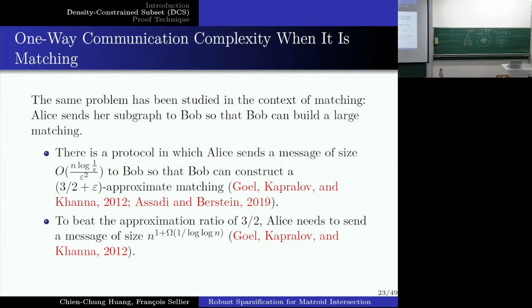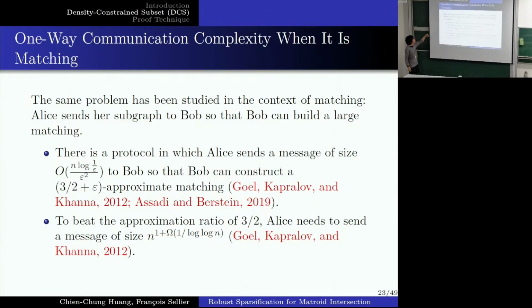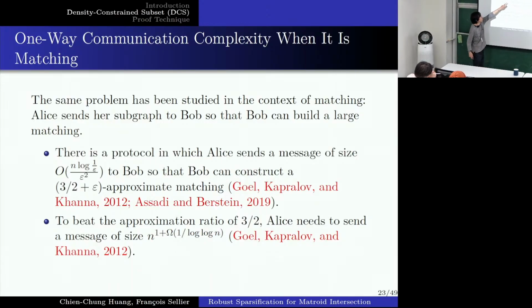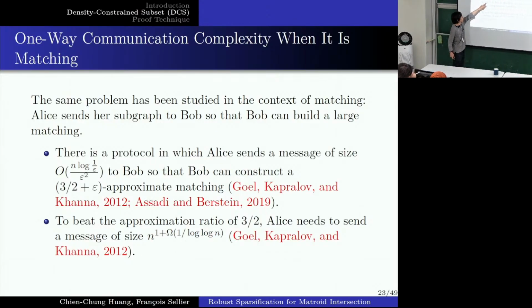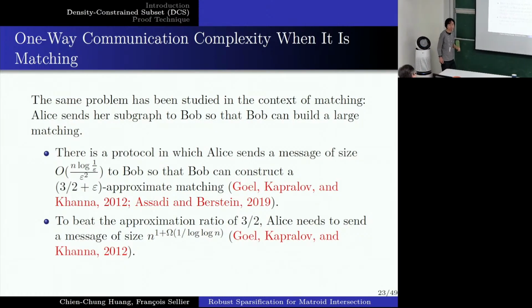Okay. So this problem has been studied in the context of bipartite graph matching. It is known that there's a protocol where Alice sends a message of roughly linear size, and then Bob can build a matching with a 1.5 plus epsilon approximation.